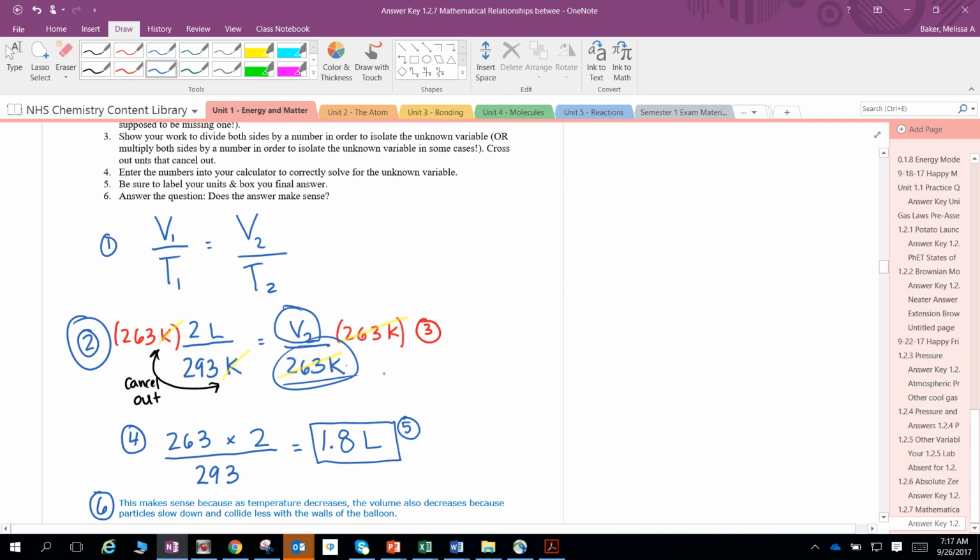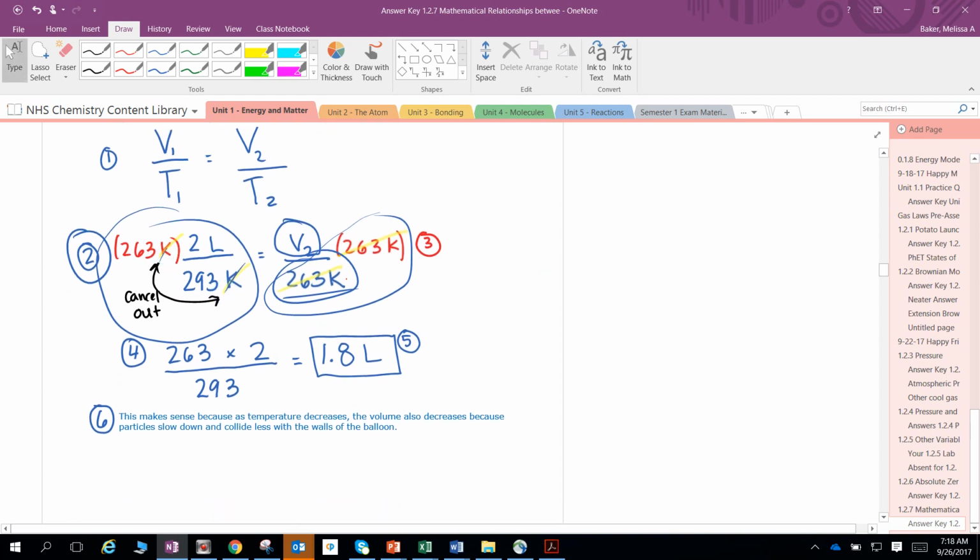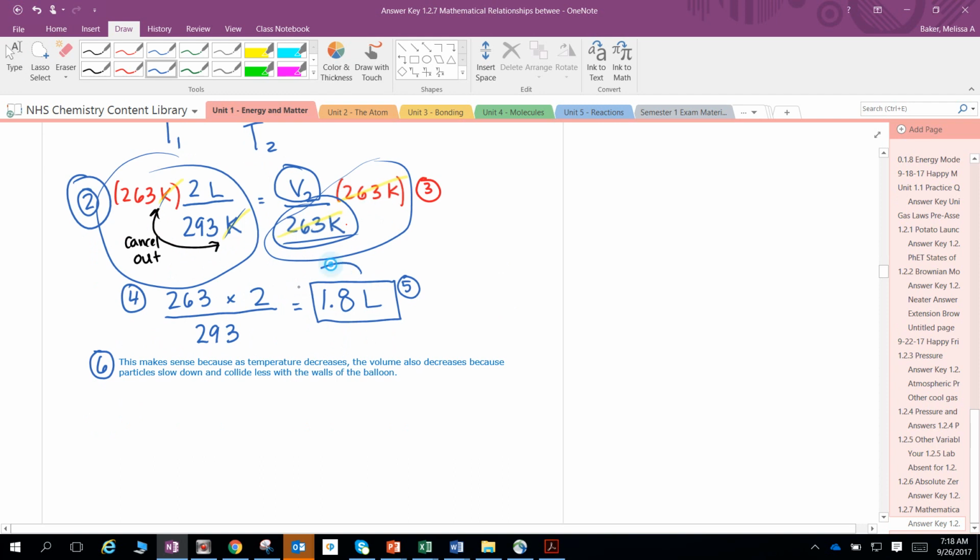So if we multiply both sides by 263, you can see I slashed out with the yellow here, the 263 and the 263. And now on the left side, the Kelvin units are canceled out. So we're going to do 263 times 2 divided by 293 in our calculator. And we're going to get that new volume of 1.8 liters.